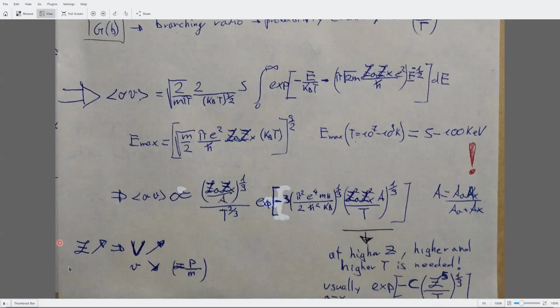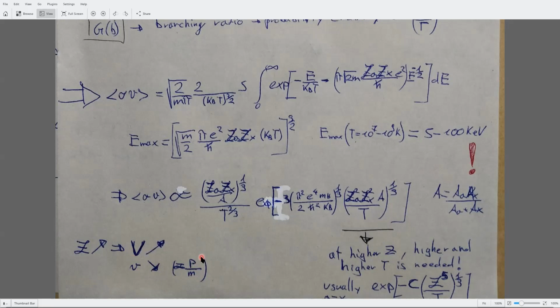Another thing is that when you increase the atomic number, the potential increases. So the potential is more difficult to pass through, but also the velocity of the particle decreases, because the velocity is the momentum divided by the mass, or if we connect with the energy, the energy divided by the mass, and the energy is distributed equally among the particles by the Maxwell-Boltzmann distribution.